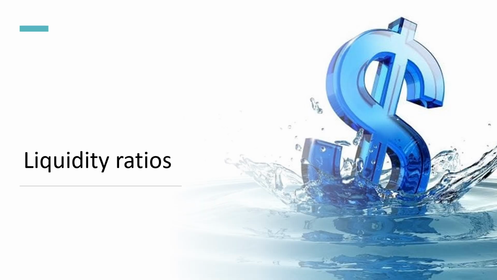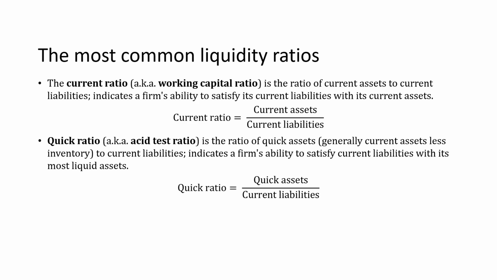So now that we've determined our net operating cycle, we can take a look at liquidity ratios. Now, the most common liquidity ratios that people cite are the current ratio and the quick ratio. And the current ratio, also called the working capital ratio, is the ratio of current assets to current liabilities.